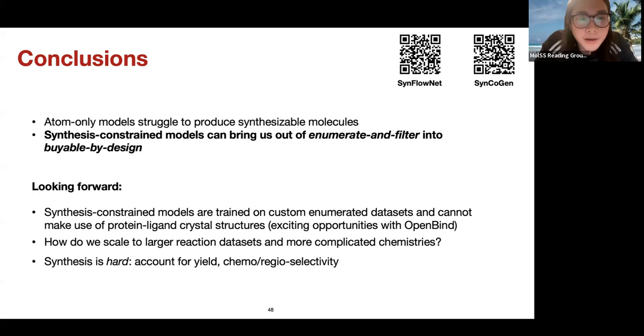You don't have any dimensionality increasing or decreasing. In SynFlowNet, the dimensionality can change during your generation, like during the noising process, because you're adding building blocks or removing building blocks.